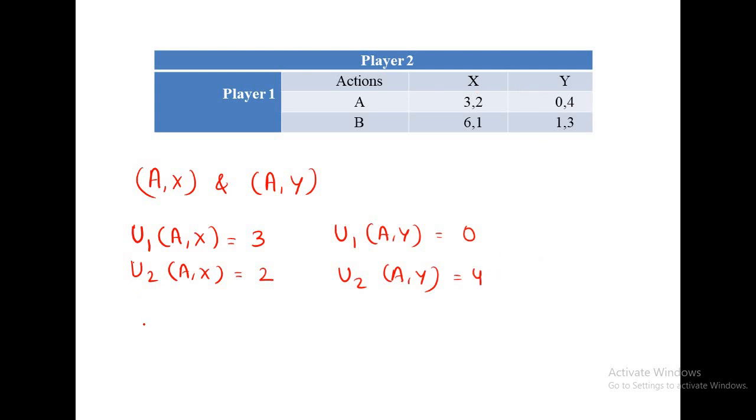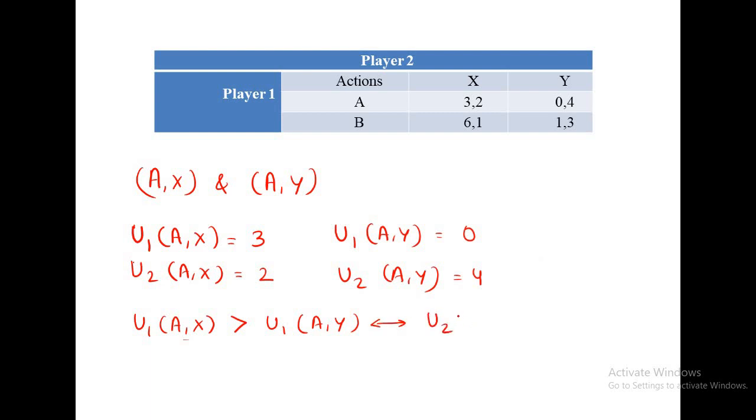Now we can clearly see that U1 AX is greater than U1 AY, meaning for this profile player 1 is getting more payoff. So what condition needs to be true for a state competitive game?